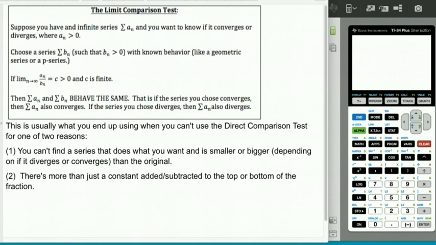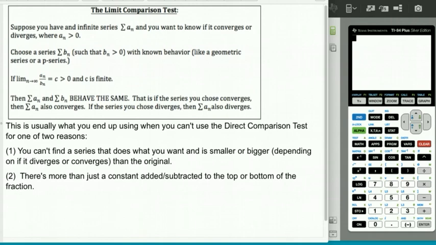So you choose a series, also positive, with known behavior, like a geometric or a p-series. If the limit as n approaches infinity of a sub n over b sub n is equal to some constant that's positive, non-zero, and finite, then they behave the same. So if the series that you chose converges, then a sub n also converges. If the series you chose diverges, a sub n also diverges.